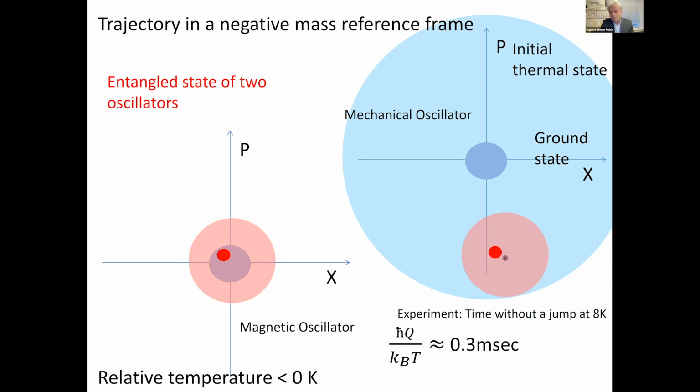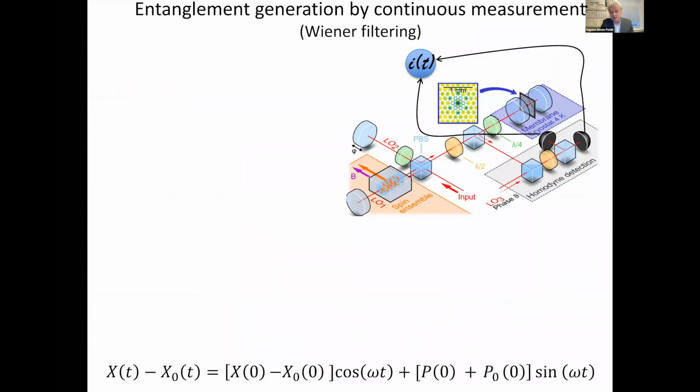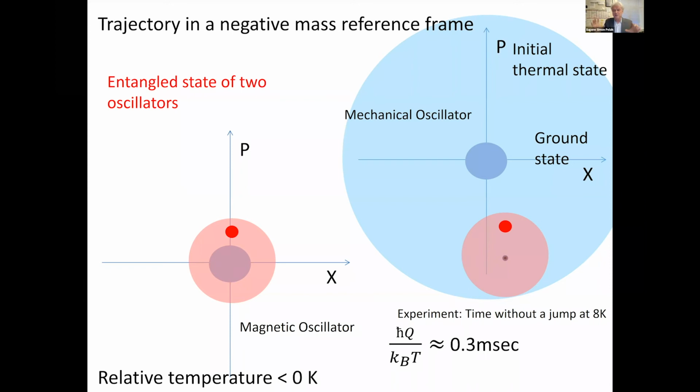So they can jump, but they're always correlated. So this is sort of the visualization of the entangled state in the continuous variable frame. Each of the two states is thermal, taken separately, but they are quantum correlated in this sense.